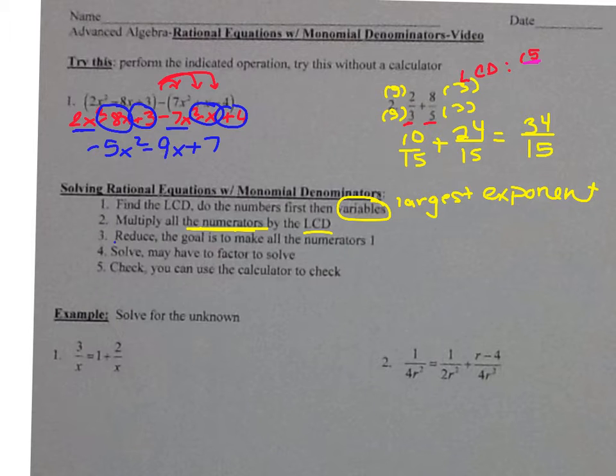Okay, and then you're going to reduce. The goal is to get all the denominators equal to 1. It says it on your paper, but I didn't get to change it on here. Okay, so that's the goal. The goal is always to get the denominators to be equal to 1.